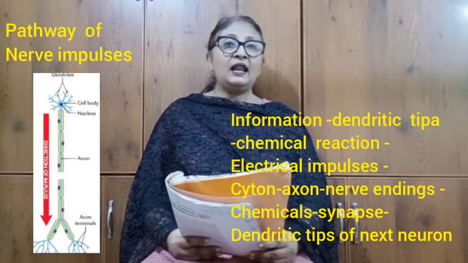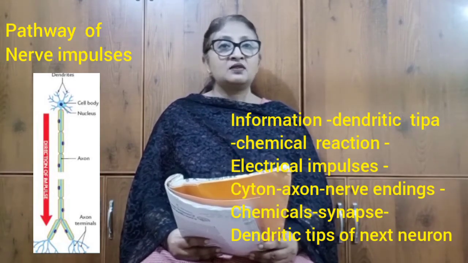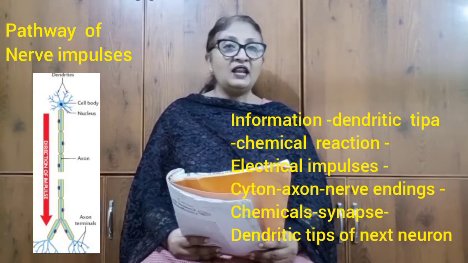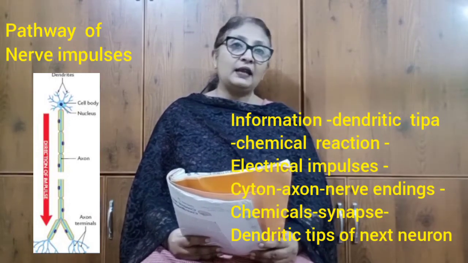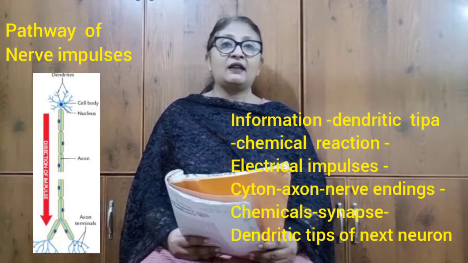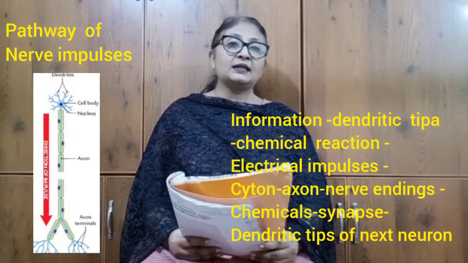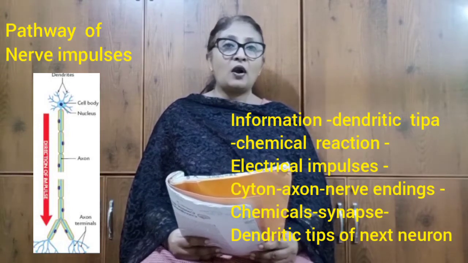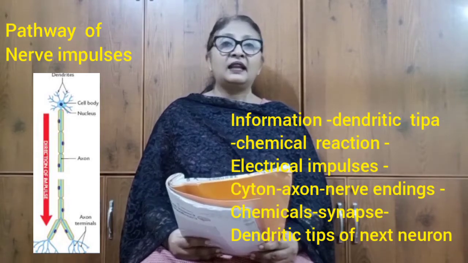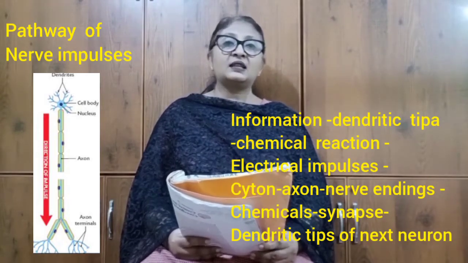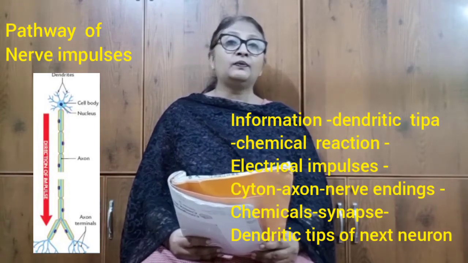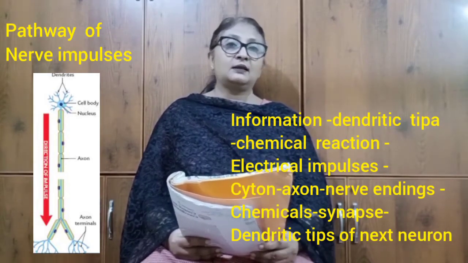These electrical impulses then travel through the cyton, axon and finally reach the nerve endings. At the nerve endings, chemicals are released. These chemicals cross the gap called synapse and are detected by the dendritic tips of the next neuron, where it is again converted to electrical impulses.